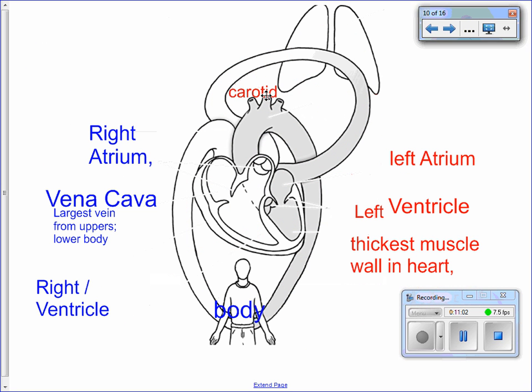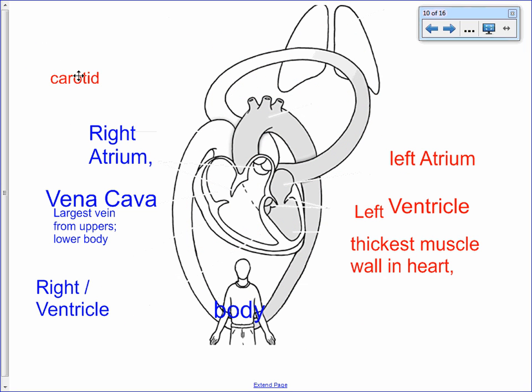So here we go. Starting with blood that is coming from the body. We're going to say it's oxygen poor blood because it has just been in the muscles and the capillary beds, and it's coming into the heart. So is this going to be an artery or a vein? Into the heart. Artery or vein? Vein. Veins go in. And the picture doesn't show this, but there's actually one from the lower part of the body and one from the upper part of the body.